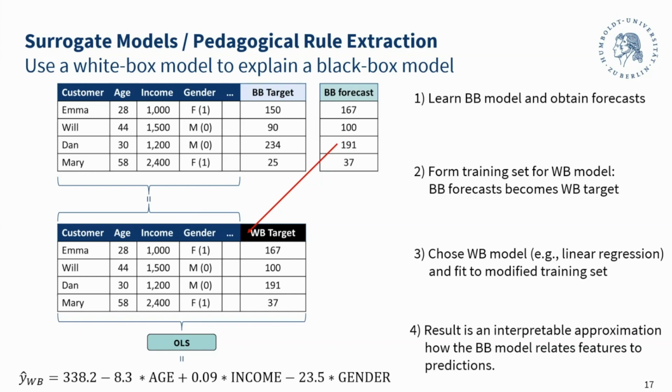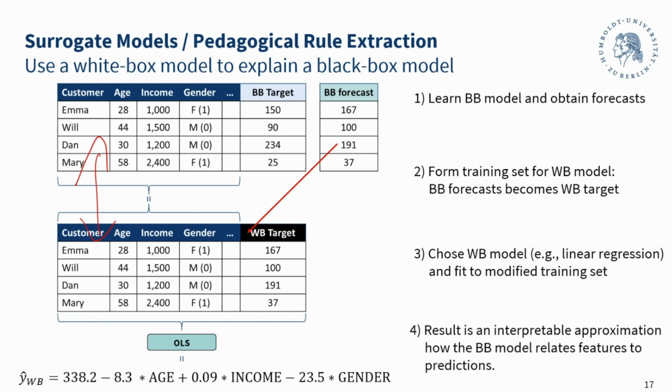And what we can do next is just use this forecast as a label in a post hoc explanation task. So we create a new data set that consists of the same features. We have the same customers, we have the same features, age, income, gender. So these parts are just, make sure you read this graph right, they are exactly the same, right?